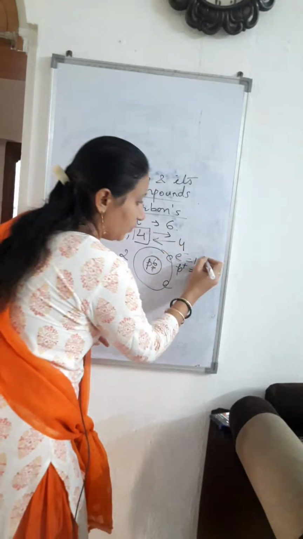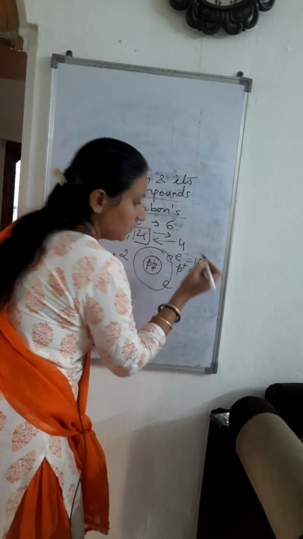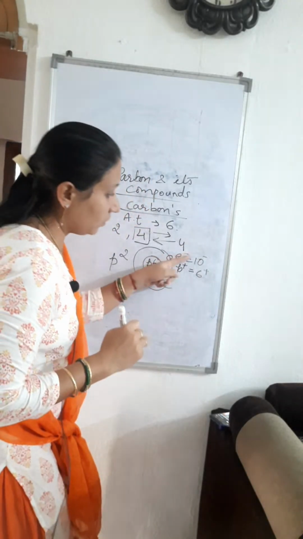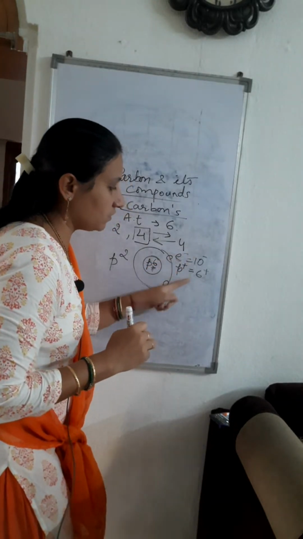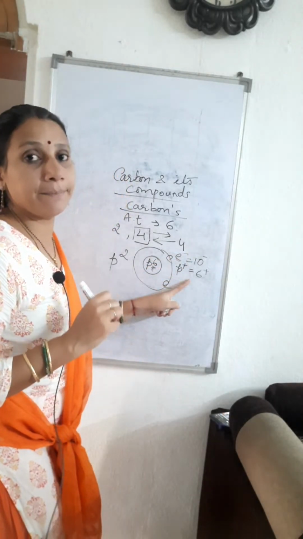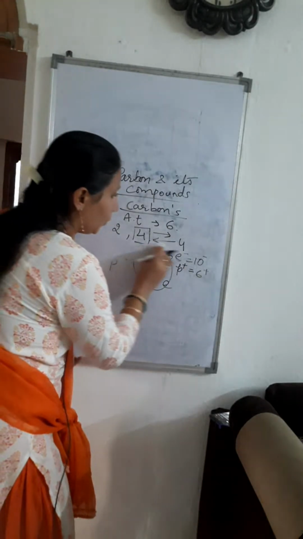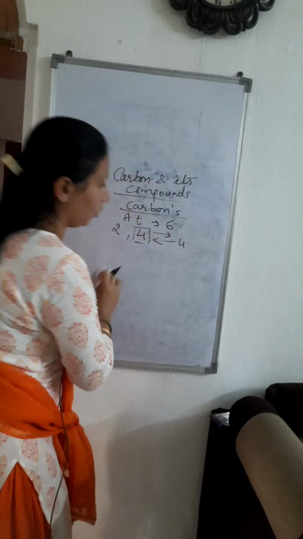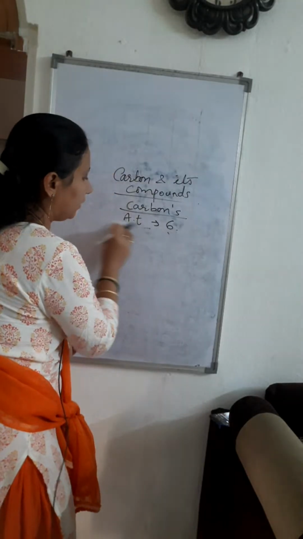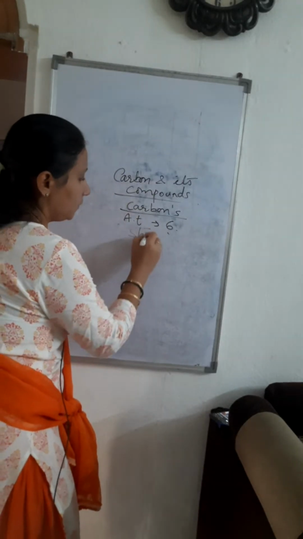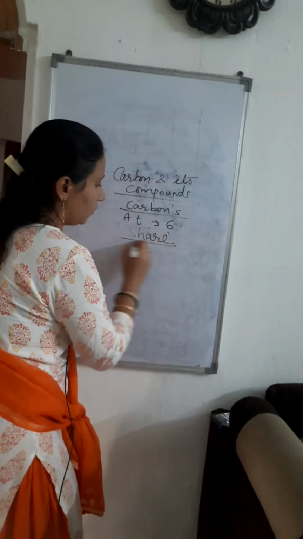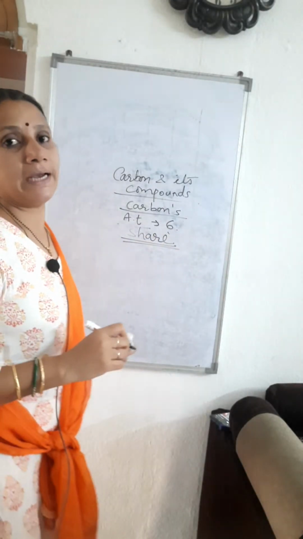Again there is a charge difference. Whenever there is a lot of charge difference, it will be difficult for any compound to hold it. So carbon can neither donate nor accept electrons. The only possibility is that it will share electrons. As it is sharing electrons, it forms covalent compounds.